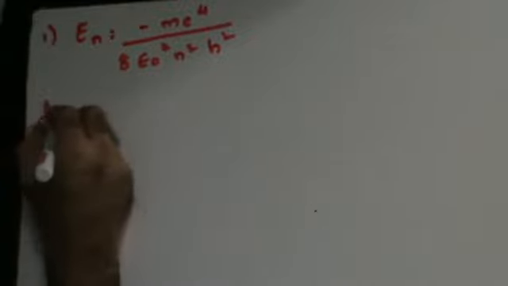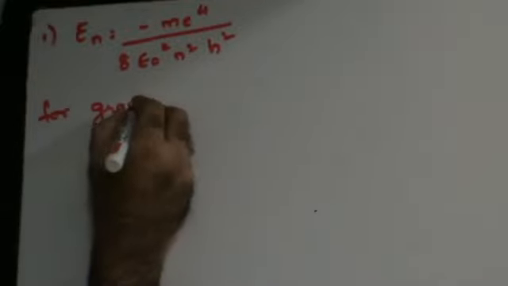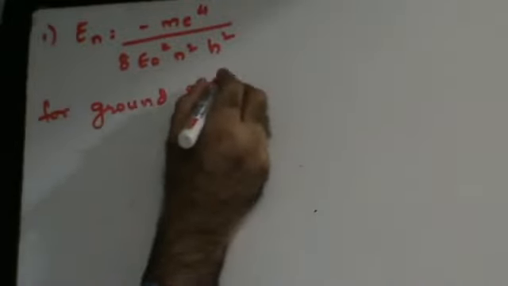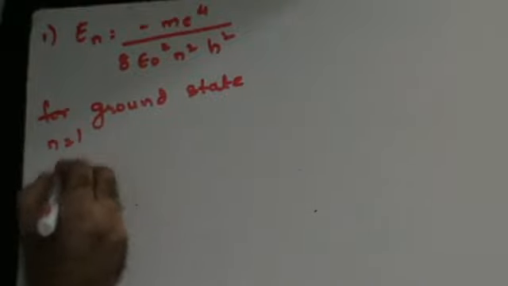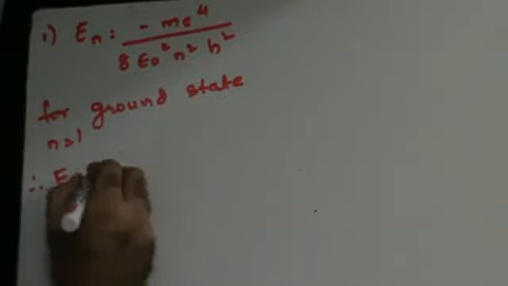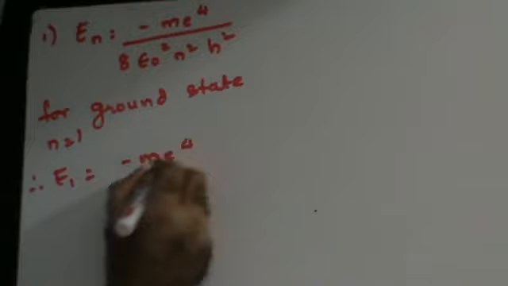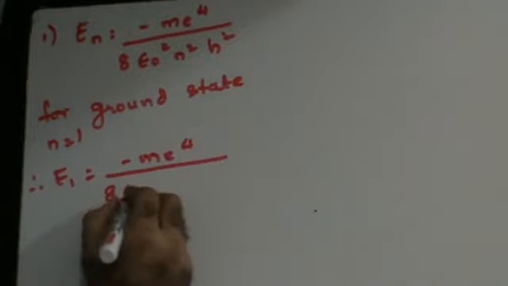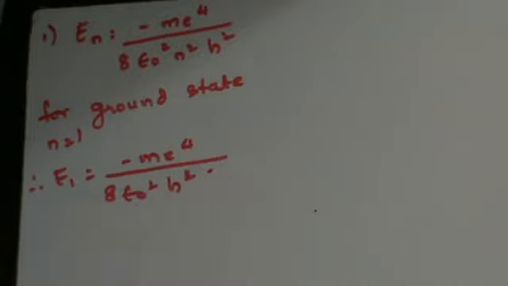Now we know that the energy in the nth orbit is minus me^4 upon 8 epsilon 0 square n square h square. For the ground state, n is equal to 1, therefore the energy in the first orbit is minus me^4 upon 8 epsilon 0 square h square.